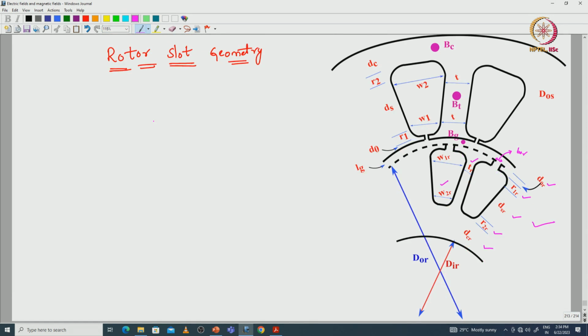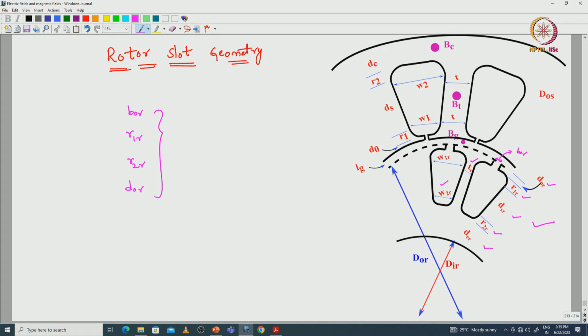So with respect to this slot shape, not only this slot, any type of slot shape, we have to find the slot dimensions. How to find the slot dimensions we will discuss. First B0R, the slot opening, and R1R, the radius at the top side of the rotor slot, and R2R and D0R.